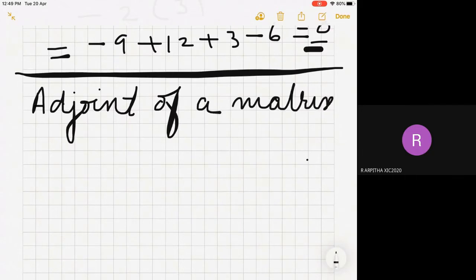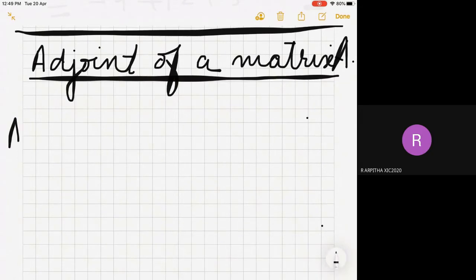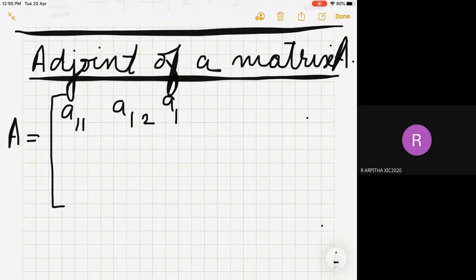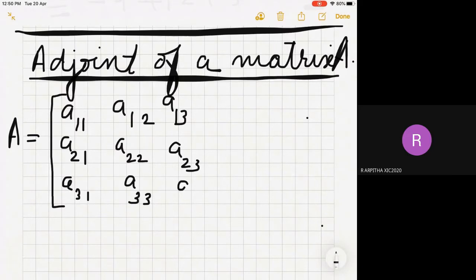Please write the heading matrix A. I have a matrix. I'm just taking one example only. Take a 3 by 3 matrix. I'm writing A11, A12, A13, then A21, A22, A23, A31, A32, A33.